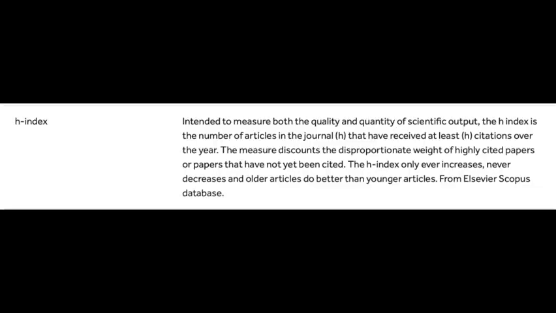The H-index is the number of articles in the journal that have received at least H citations. So if there are 100 articles that have received 100 citations, then the H-index is 100. And so like an individual researcher's H-index, this number is going to go up and up over time. So older, more established journals are clearly going to have a higher H-index than new, unestablished journals.